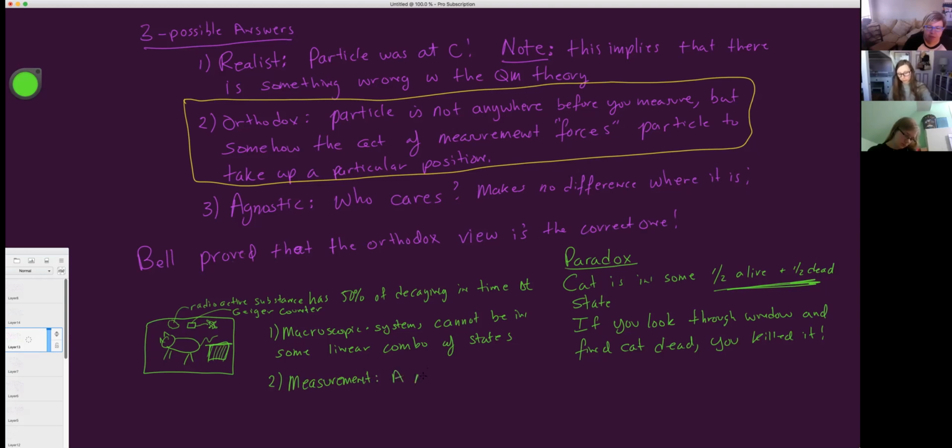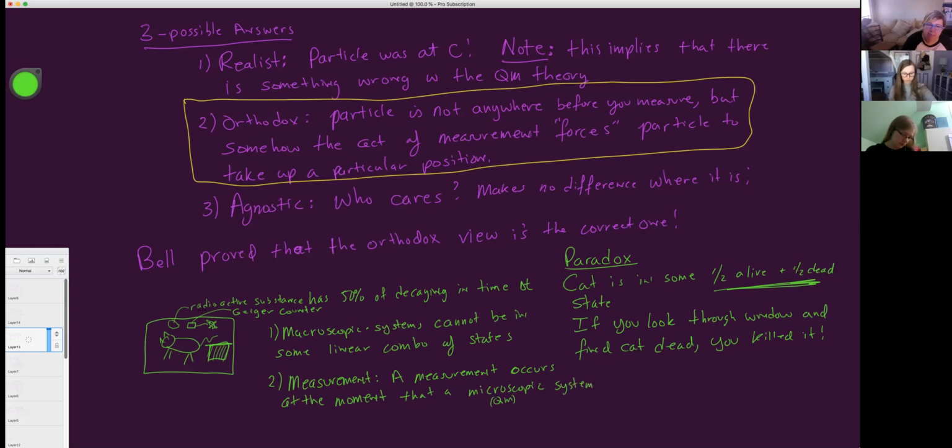A measurement occurs at the moment that a microscopic system, in other words a quantum mechanical system, right?